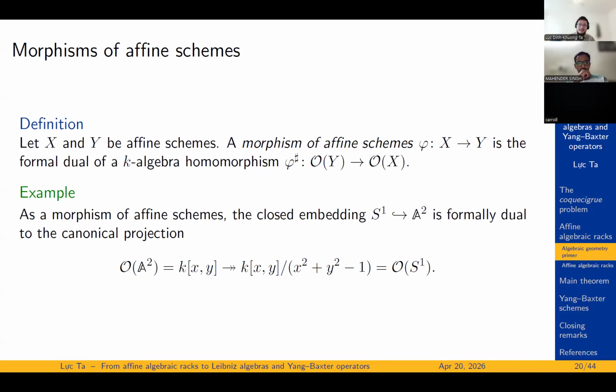So for example, you have the closed embedding of the circle into your affine plane, and that embedding is the same as the dual of this ring projection from your polynomial ring in two variables, which is the coordinate ring of the affine plane, to this quotient of it, which is the coordinate ring of the unit circle.